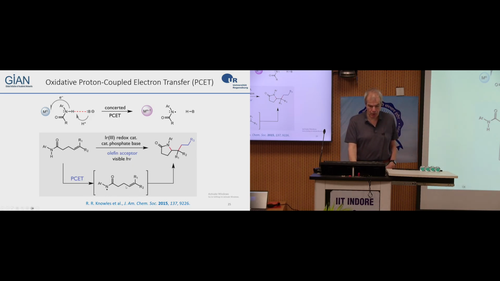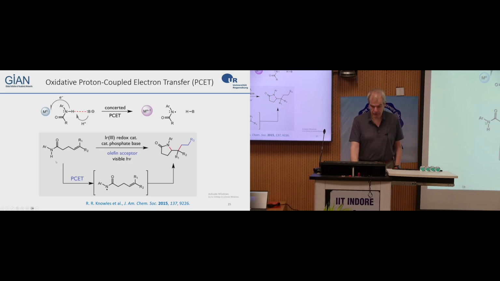And again, this was shown very nicely in the publication here, that if you have these amides, in the presence of a phosphate base, single electron oxidation forms the N radical. Presumably you can think about this by deprotonating, then you have the negative charge here, and then oxidizing this, you can form the N-centered radical much easier.